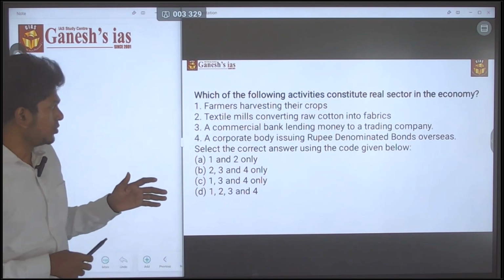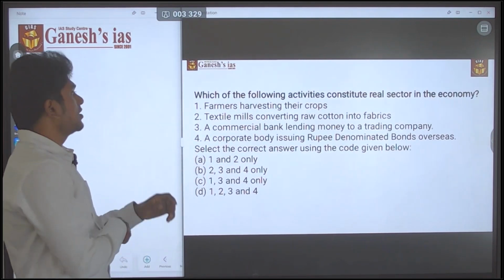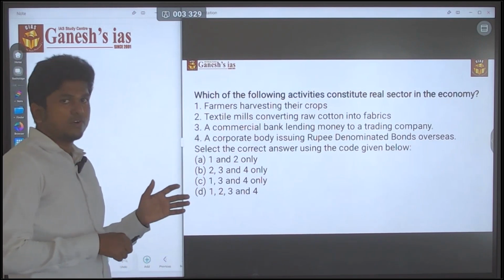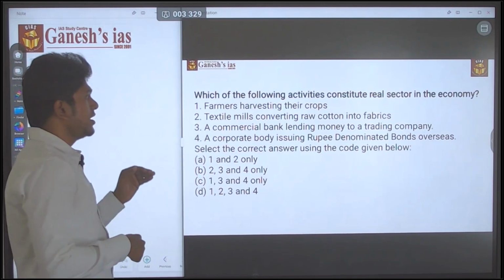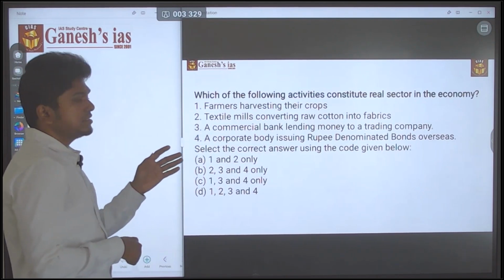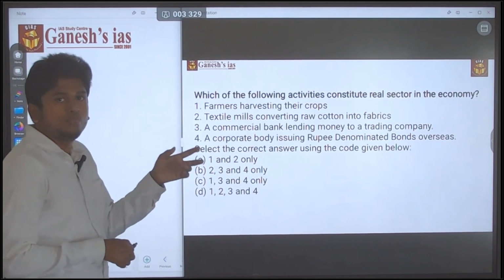So let's find the odd statement from these four statements. Consider that farmer harvesting their crops. So the farmer is harvesting crops. Textile mills converting the raw cotton into fabric, this is also okay, because these two statements are focusing on the output.